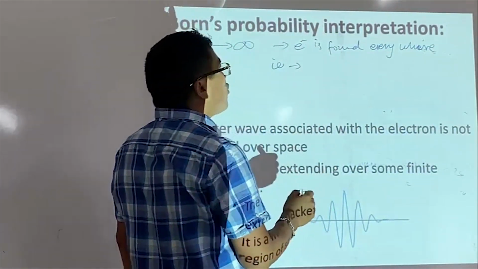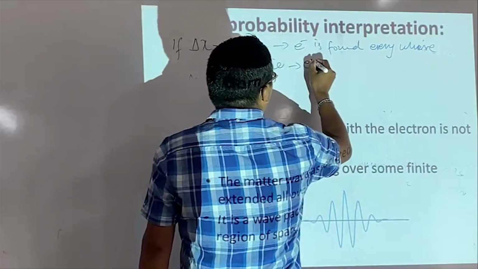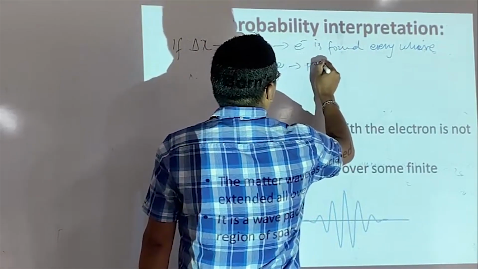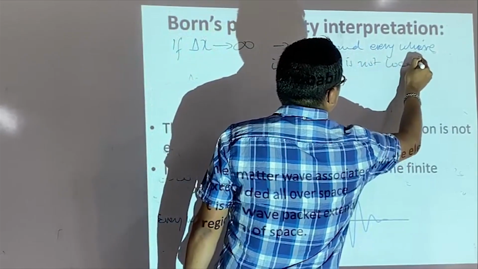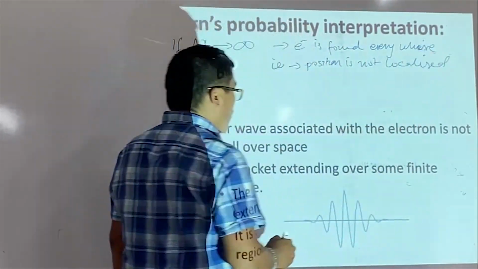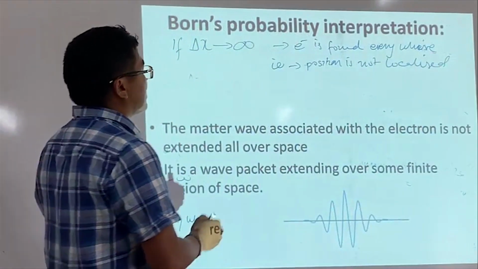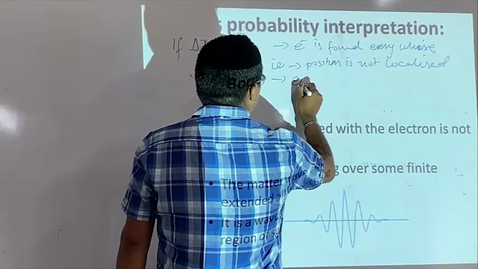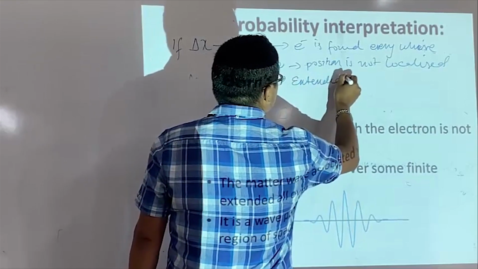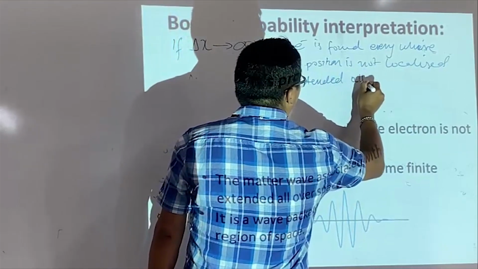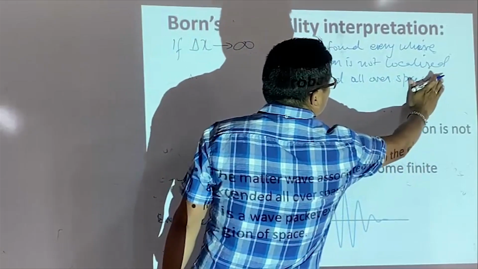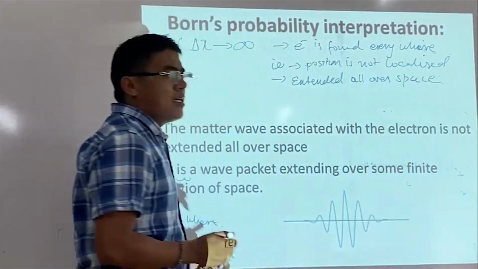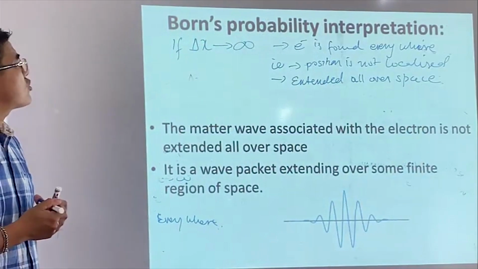That is, the electron is not localized. The position of the electron is not localized. It is extended all over space, which is not true, right?